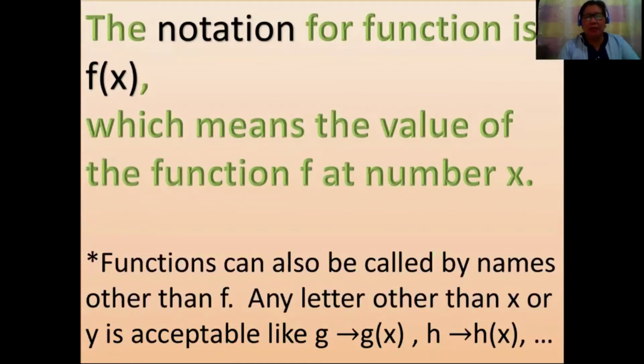Any letter other than x or y is acceptable, like g and h. G will represent the second function, for example, g of x, and h may represent the third function, h of x.